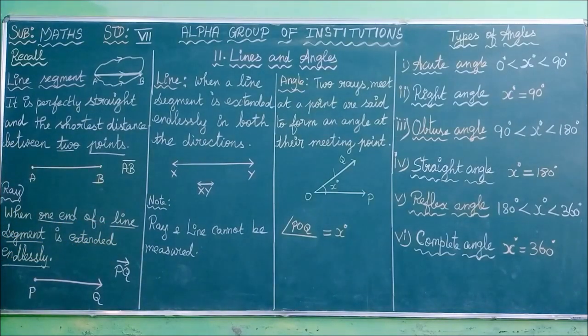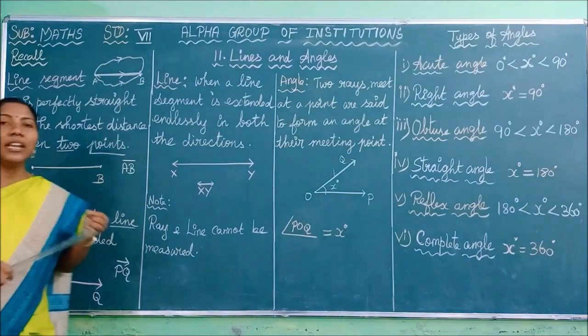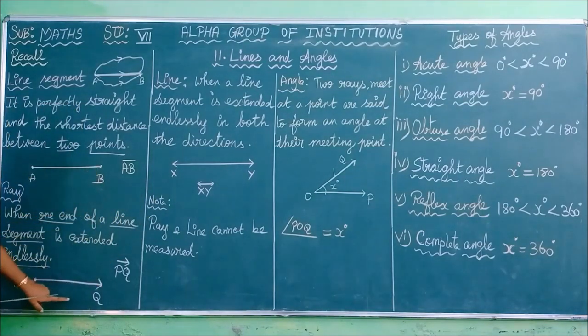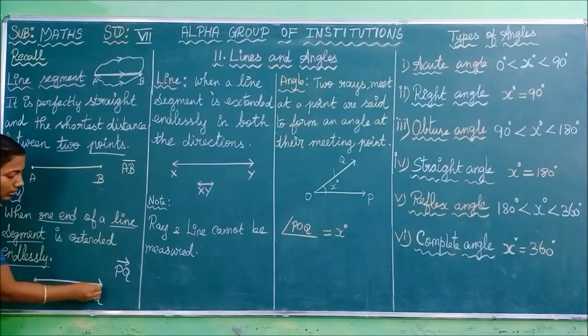If you extend one end of a line segment, you get a ray. See here, this is a model of a ray. It has one starting point and it goes in this direction. That is, it extends endlessly in the direction of Q.